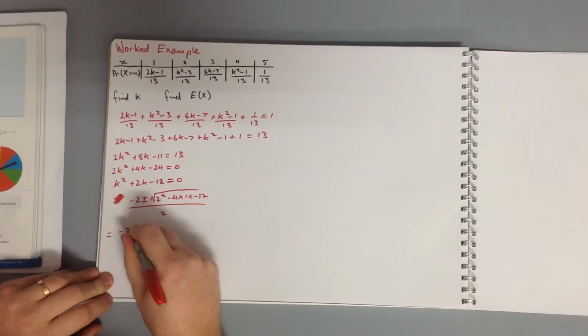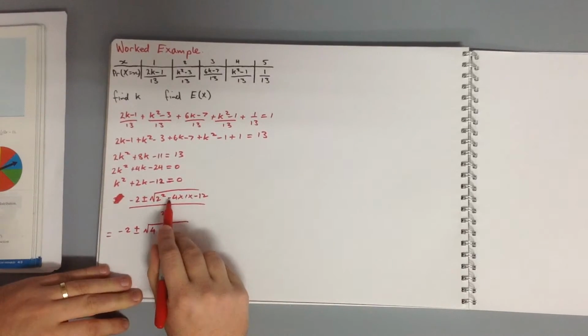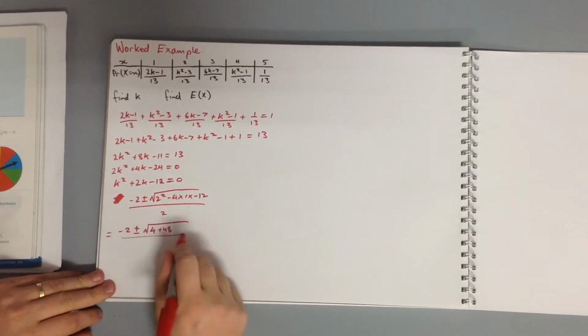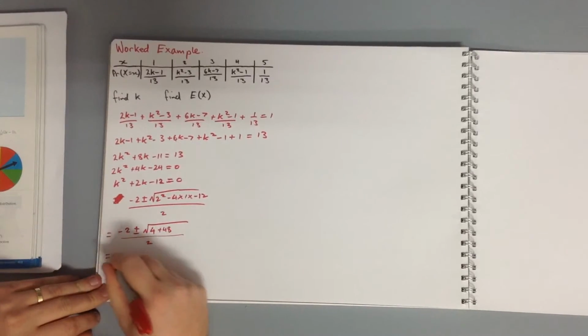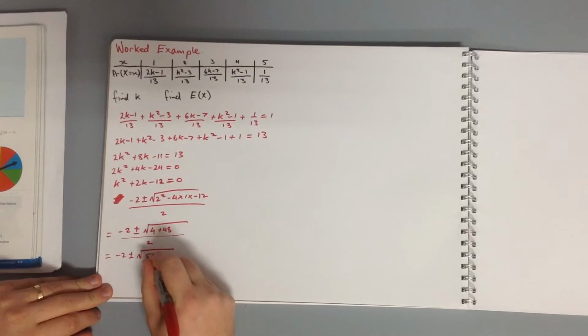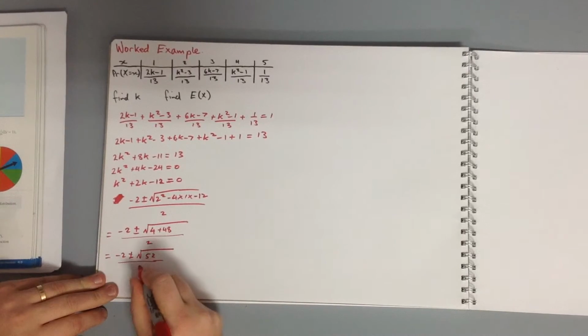We get minus 4 plus or minus the square root of 16 plus 48, on 2, so minus 4 plus or minus the square root of 64, on 2.